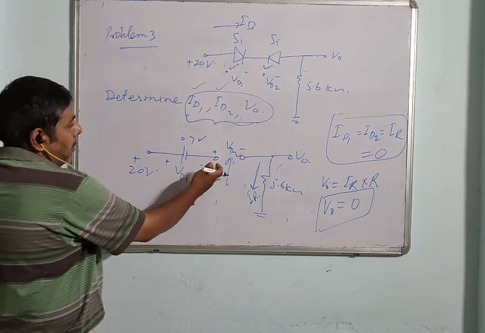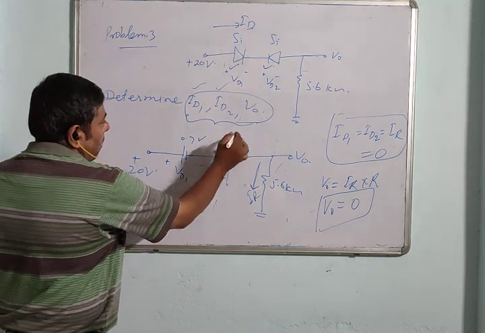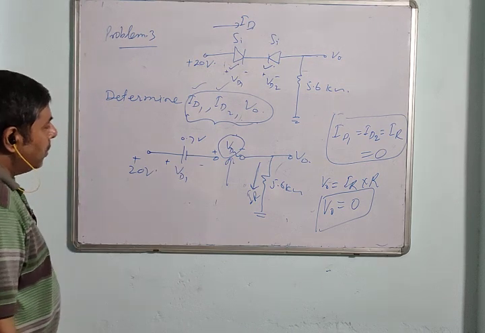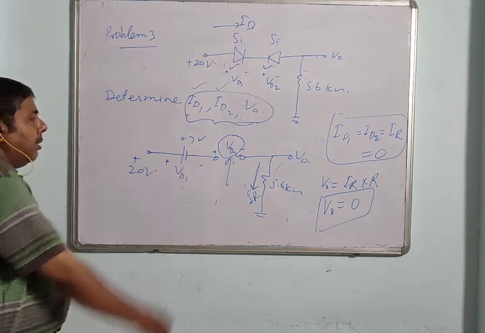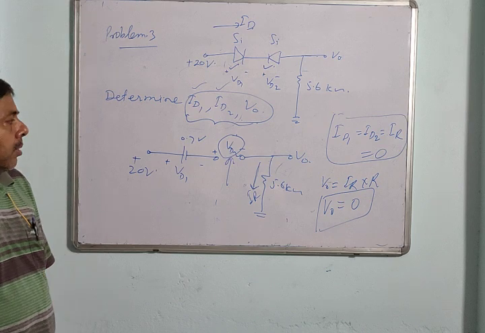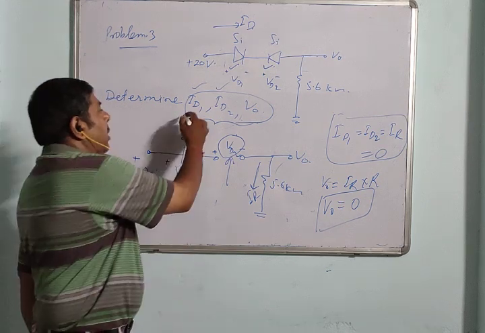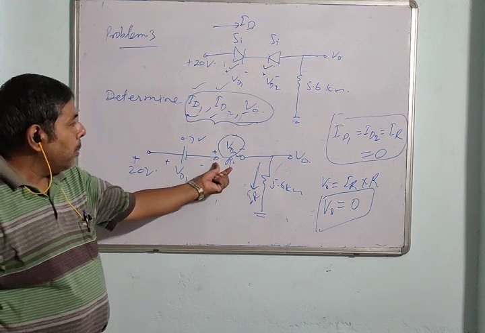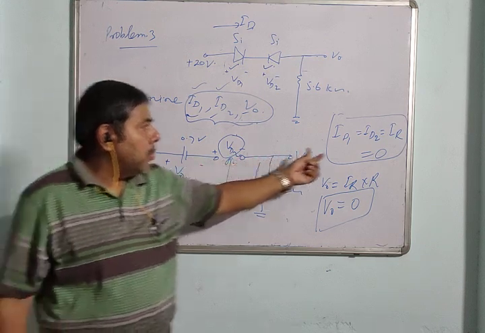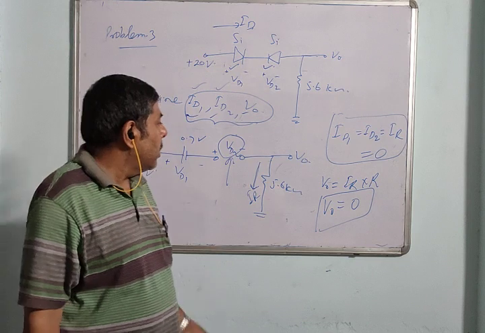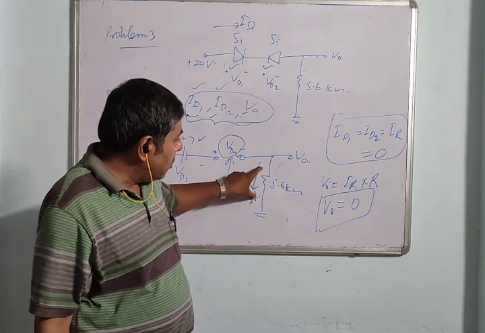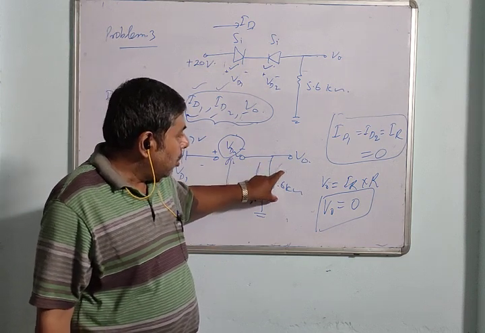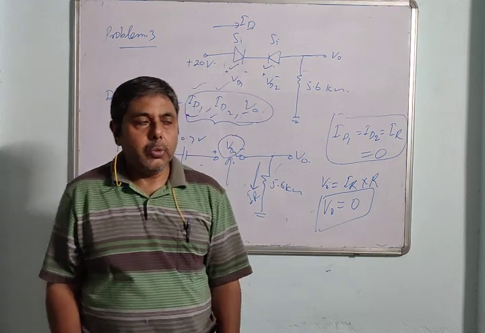You can also find out this value of VD2 by applying KVL. It is asked. So only three things are required, ID1, ID2 and V0. You can calculate because this is open. So current is 0. These two currents are 0. And now due to this 0 current, voltage drop across this resistance is also 0.